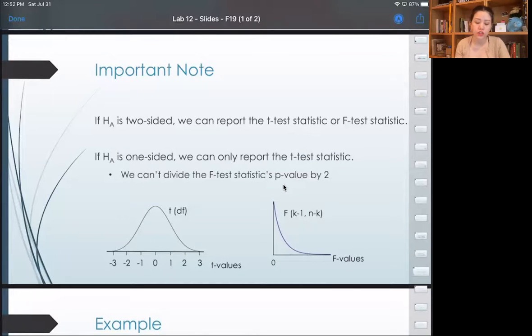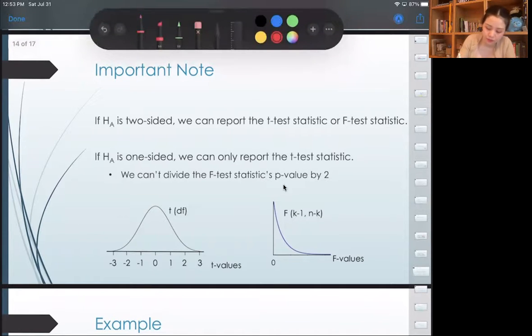If your alternative hypothesis HA is two-sided, we can report either t-test or F-test. Remember what two-sided means? Beta 1 is not equal to 0. This implies a two-sided test.